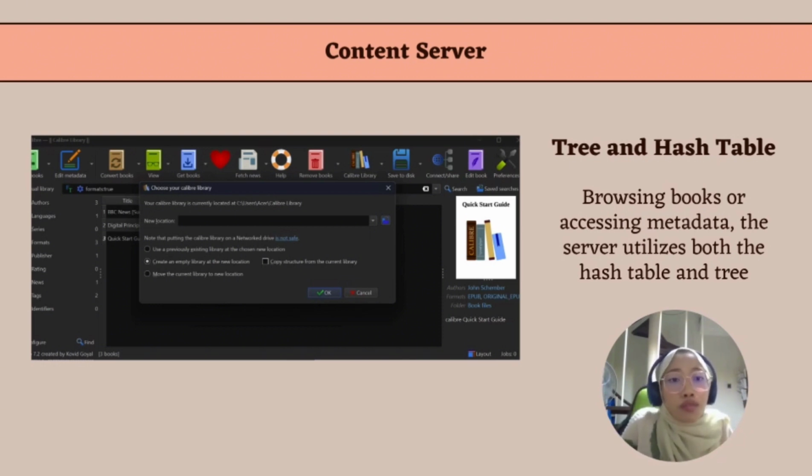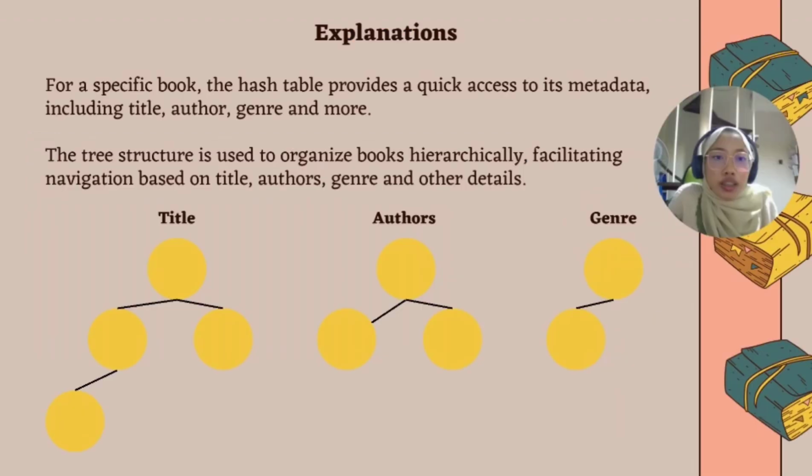Like say, browsing books or accessing metadata, the server utilizes both the hash table and the tree. For the explanation here, for a specific book, the hash table provides quick access to its metadata, including the title, the authors, the genre, or could be many more, as I refer to what Calibre app offers here.